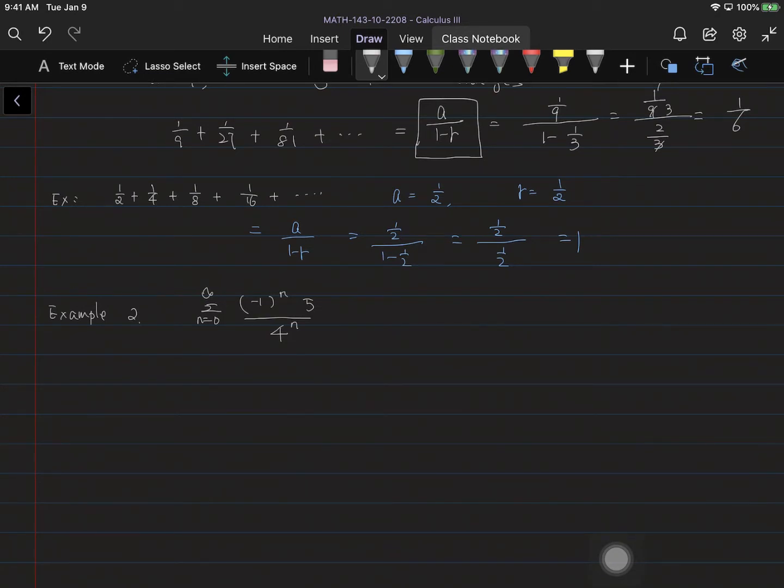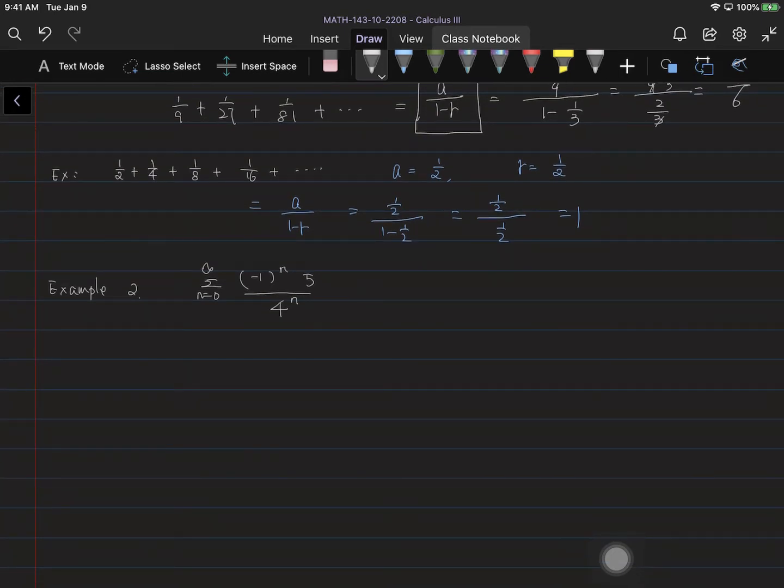We don't know what is A, what is R from here, right? But we can write out our first term. So be careful. N starts from 0 for this case. So we let n equals 0 and plug into our a_n.